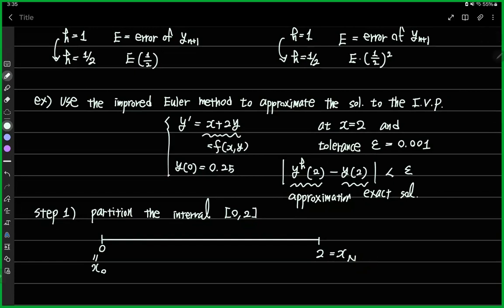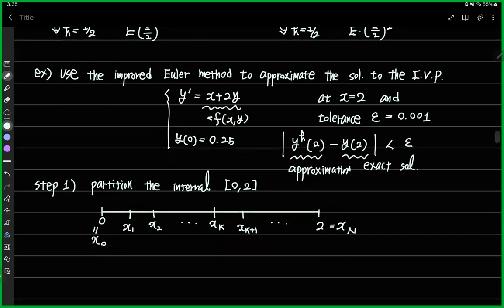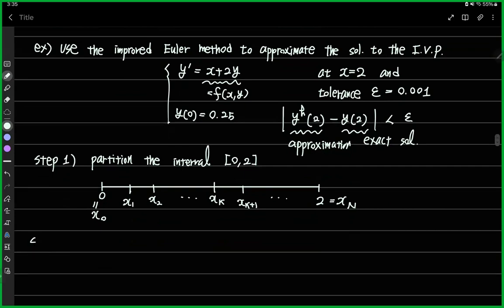So now here is x sub 1, here's x sub 2, and so on. Maybe here's x sub k and x sub k plus 1. You can use a lowercase n, it doesn't matter. So now in step 2, we identify the function f, which is x plus 2y in this problem.